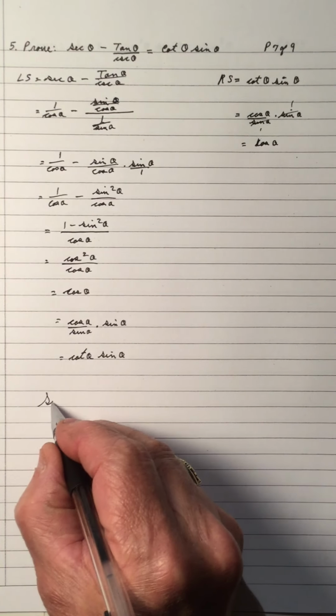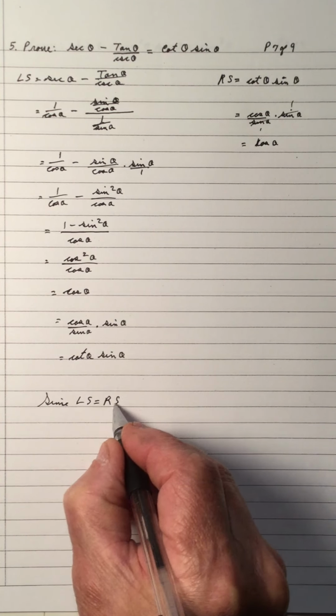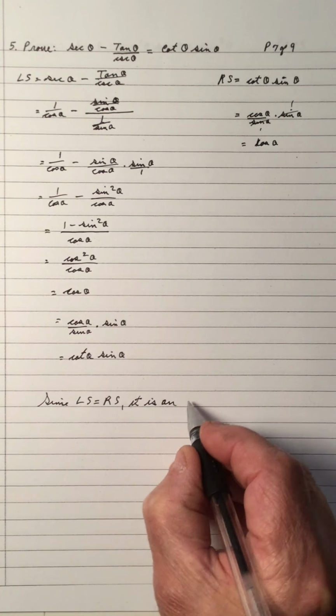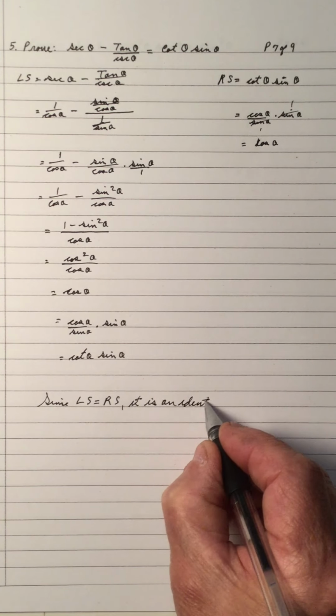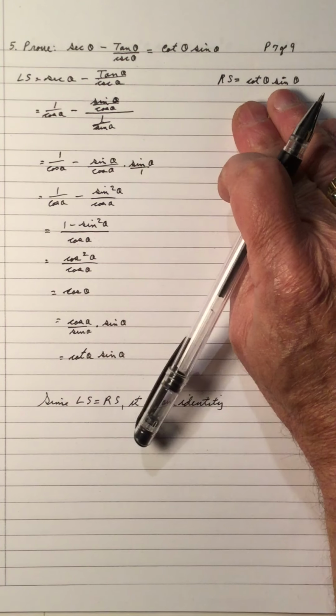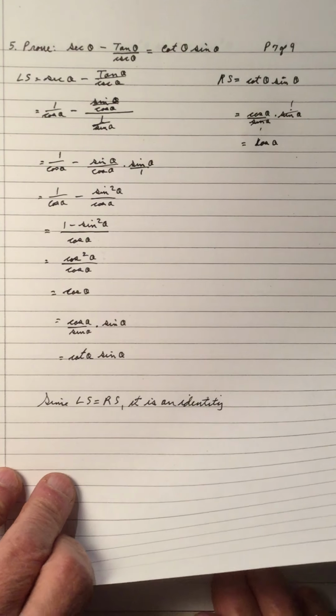Since the left side equals the right side, it is an identity. And again, I worked this side completely to get that. That's the way, but check with your teacher. That's what you have to do.